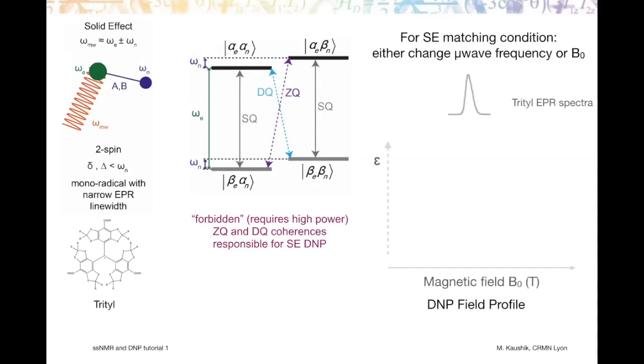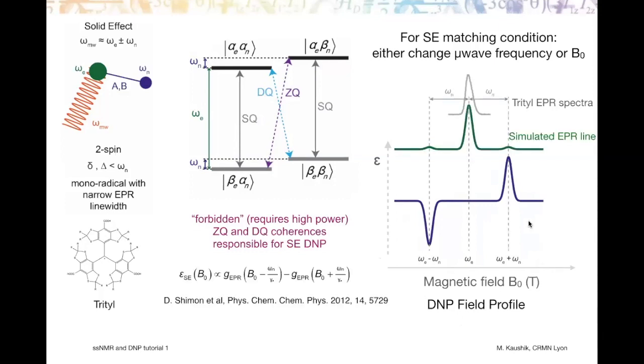So coming back to the matching condition for solid effect. In most cases, it is far easier to change the magnetic field. So if we plot enhancement by DNP as a function of magnetic field, we see that there are areas where enhancement is maximum with a negative sign or maximum with a positive sign.